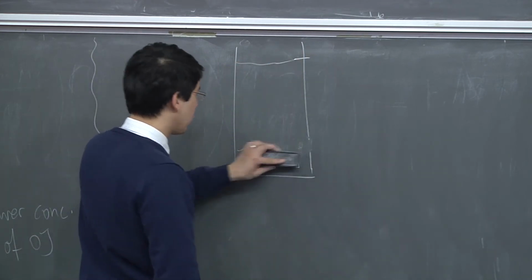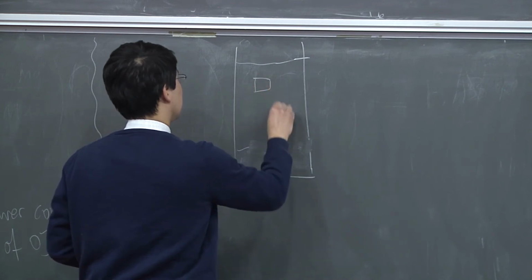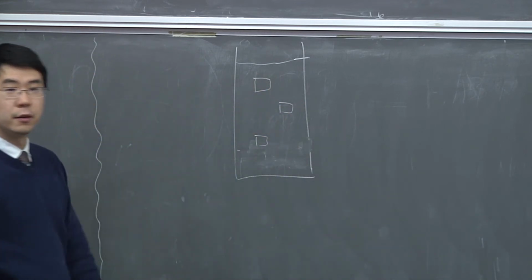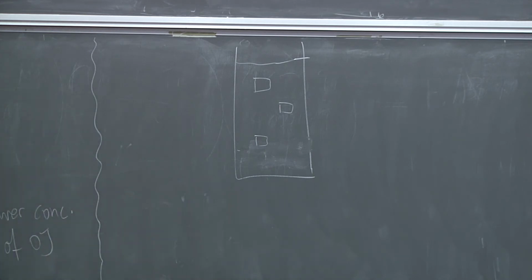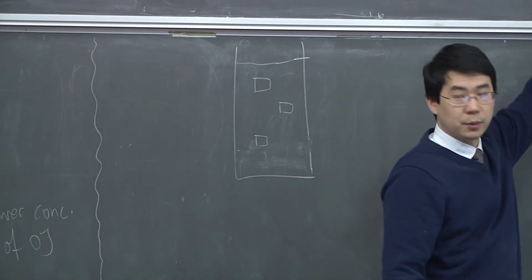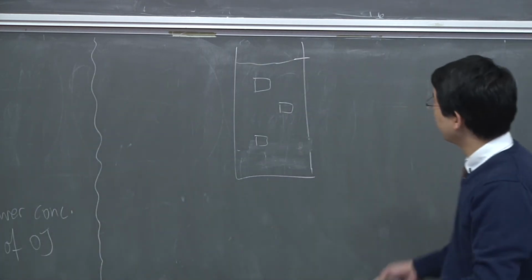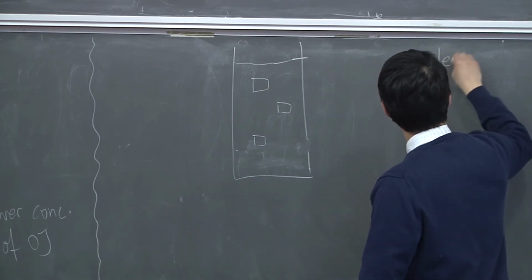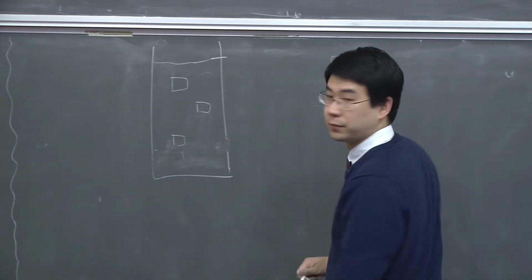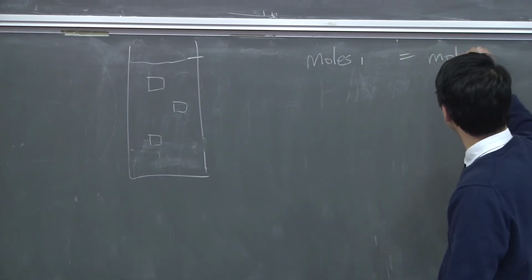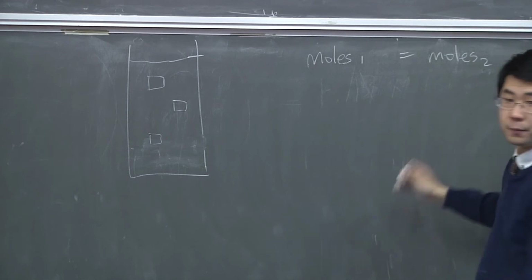I still have 3 squares. I didn't change that. All I changed is the volume. And when I changed the volume, I changed the concentration, but not the total moles. So if I'm doing a dilution, what does that mean? That means moles 1 before equals moles 2 after.